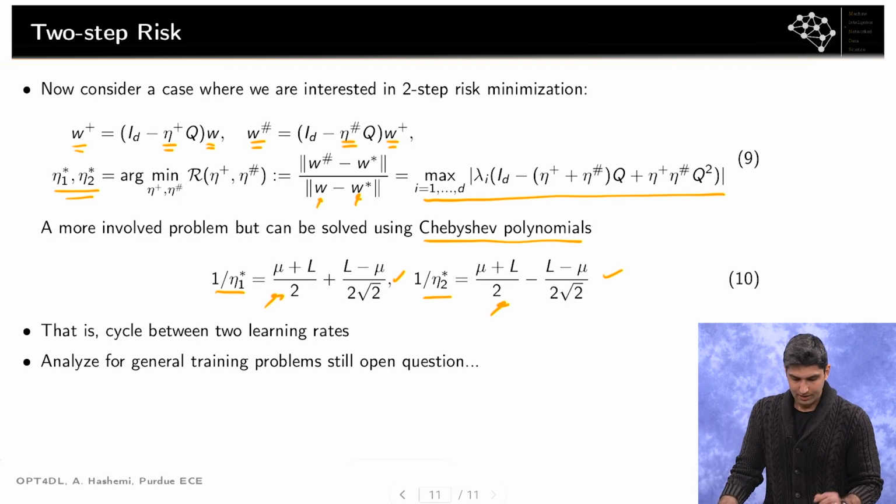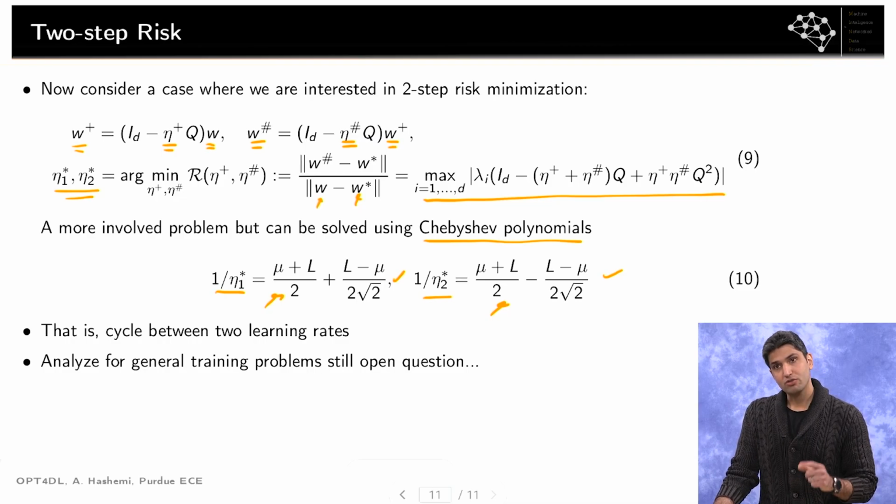The idea is that by doing this, you are hedging against not just the bad case where you were in the steep landscape and using a larger step size, but against both of those cases. This is very interesting.